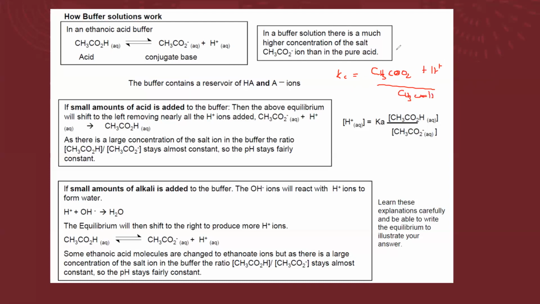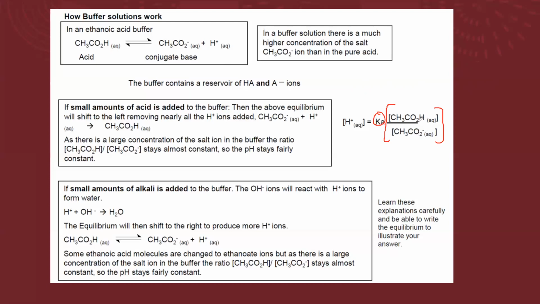Or if we want the hydrogen ion concentration, when we rearrange the equation, the hydrogen ion concentration depends on Ka, which is constant, and also on this ratio, the concentration of acid divided by its salt.